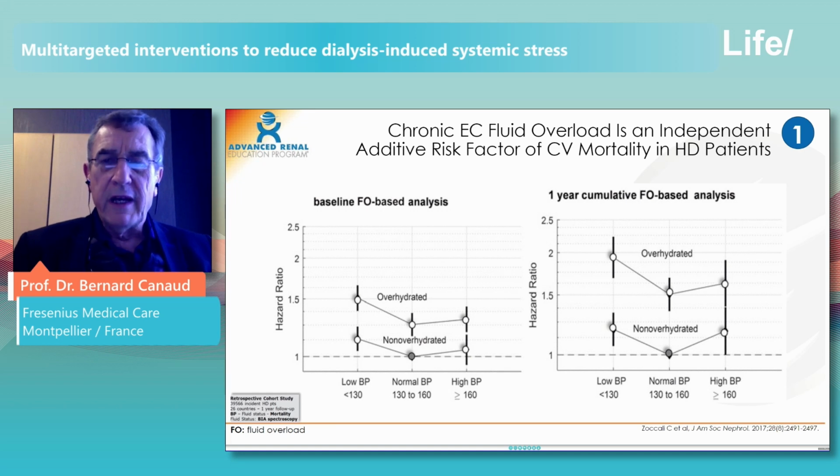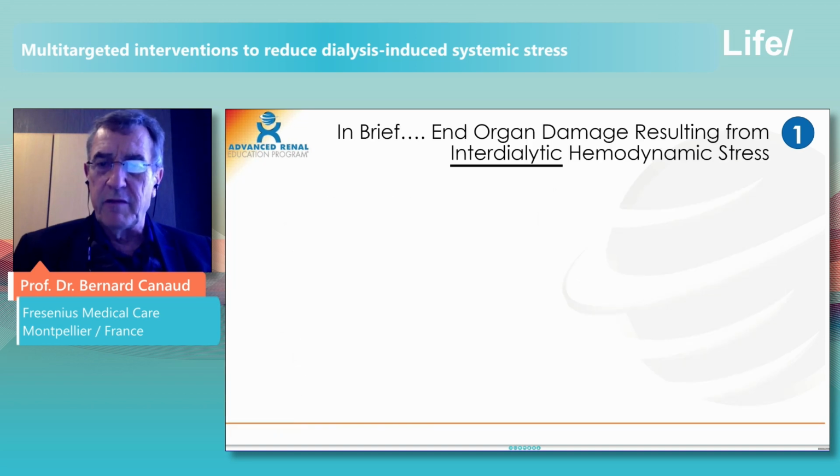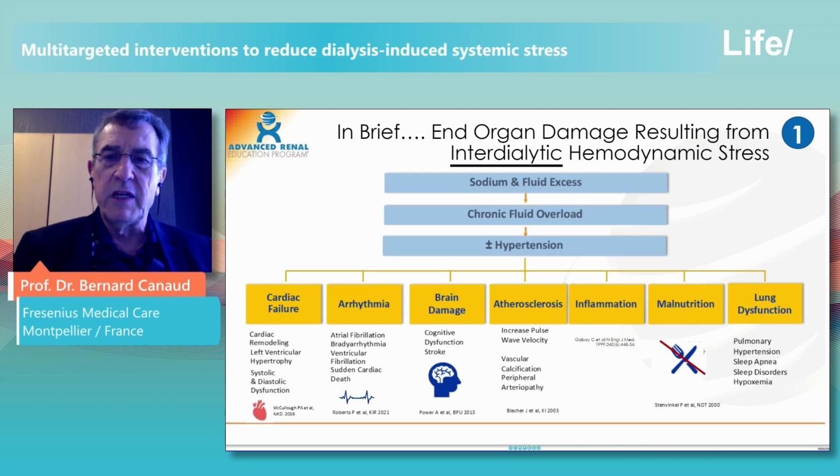Now, 1 year later, if you follow up the patient and you are not able to correct the fluid overload, see the impact: from 30 to 60% mortality relative risk is increased, meaning that pressure has some impact on mortality, but fluid overload is much more important, and we need to correct that.